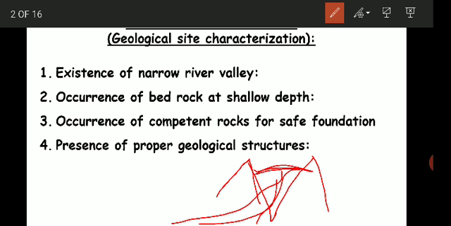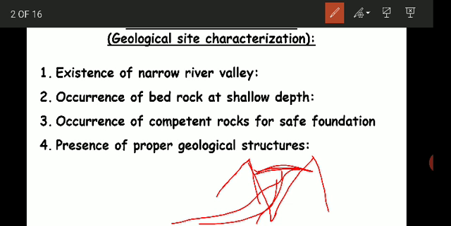Then next is occurrence of bedrock at shallow depth. So what is that? To ensure the safety and stability of the dam, we have to see that the dam is resting on a very strong and stable rock. So if such competent or strong rock occurs very near to the surface or at shallow depth, then it is a very good site, because the cost of foundation of the dam will be less.